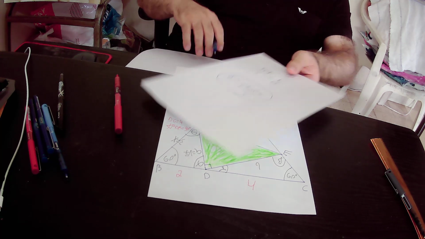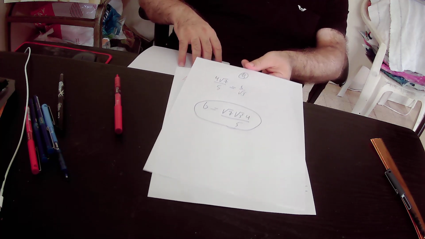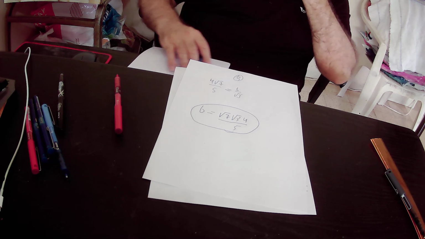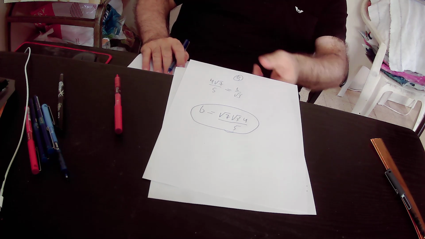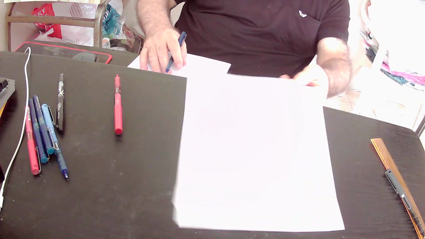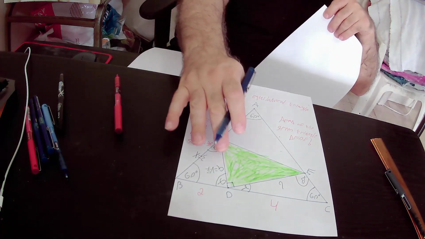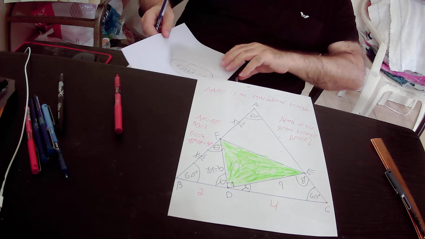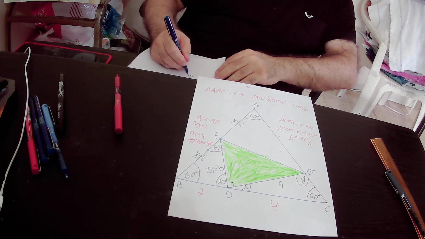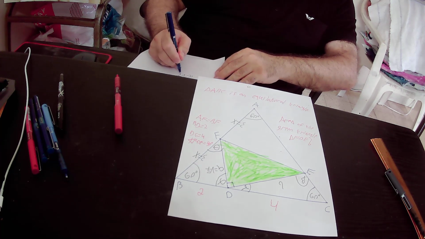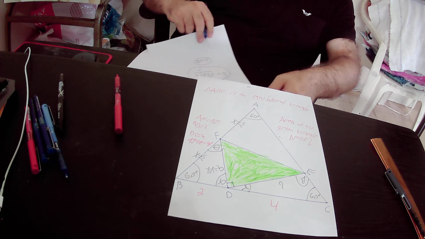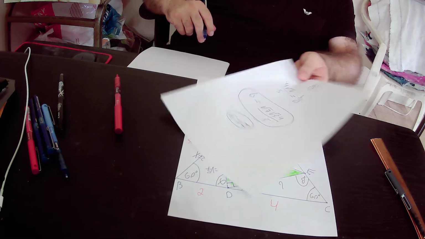That is the value of b, and we have already found out that a equals root 7 units.